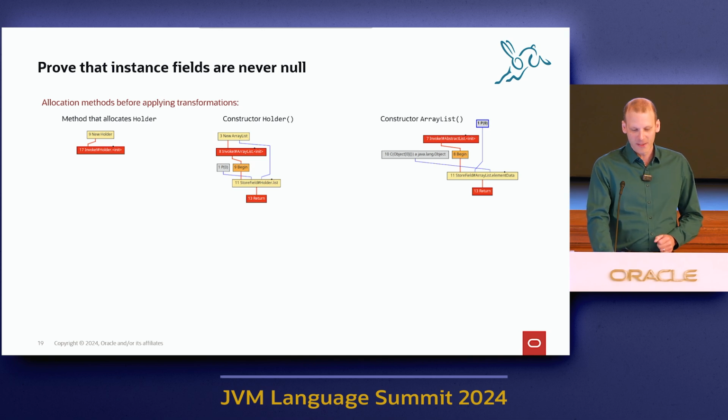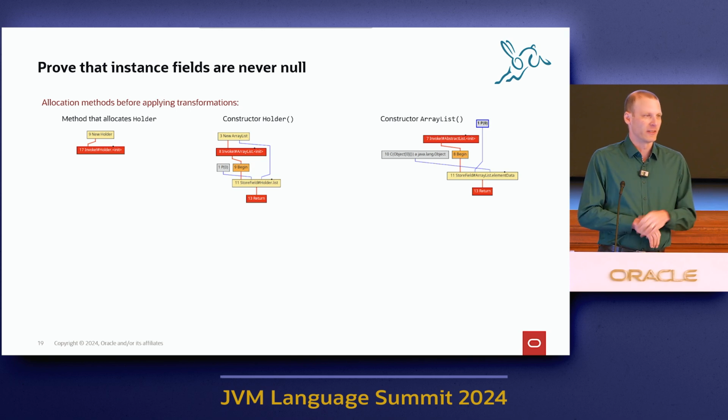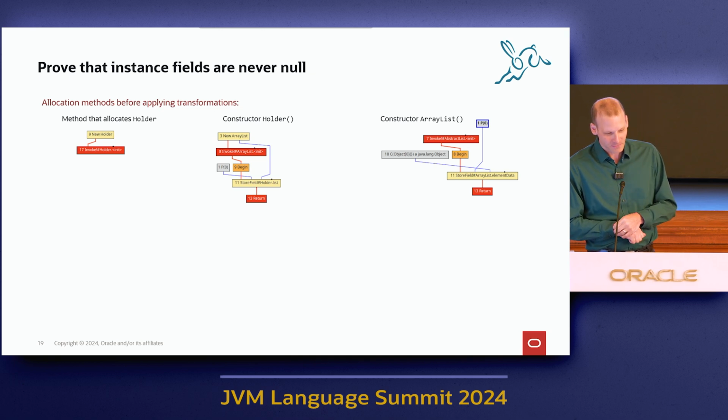Then you do the field store, but the field store of the list field is storing into the parameter, so into the object that already comes in. And the same, the array list constructor is always storing a non-null holder array, a marker value, into the element data field. But from the static analysis point of view, when you just look at the one method, it's a field store into an object that's passed in as a parameter.